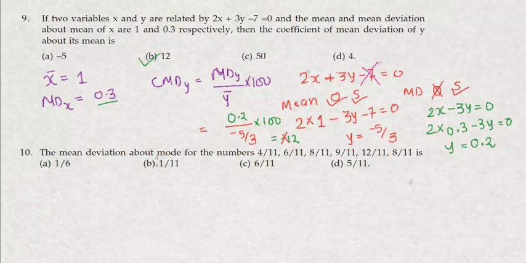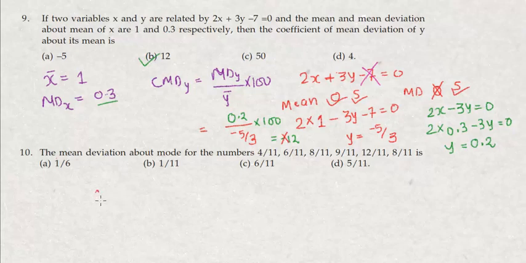The mean deviation about mode for the numbers 4 by 11, 6 by 11, 8 by 11, 9 by 11, 12 by 11 and 8 by 11 is. So we get every number divided by 11. So we can forget about this 11 and we will divide our answer by 11 to get the final answer.